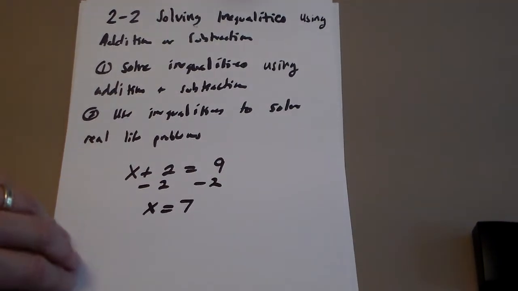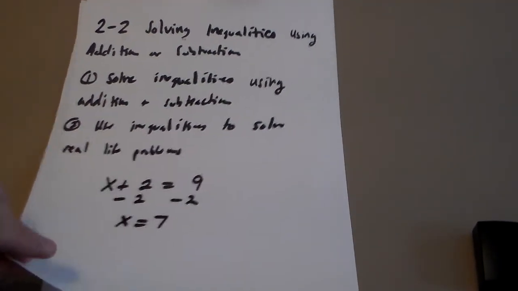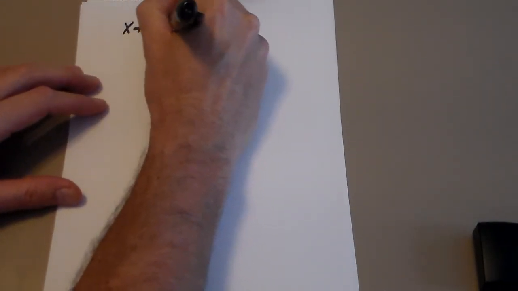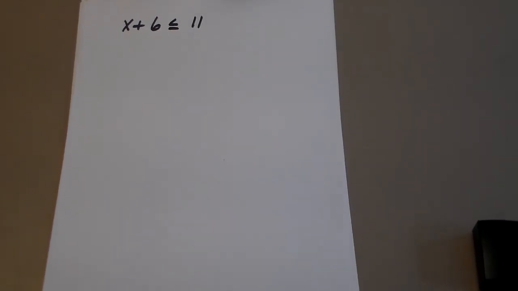Well, the nice thing about these inequalities is that we're going to look at it the same kind of way, okay? If I had x plus 6 is less than or equal to 11, and I look at how it's connected to the variable, and it says +6, so I want to do the inverse operation of adding 6.